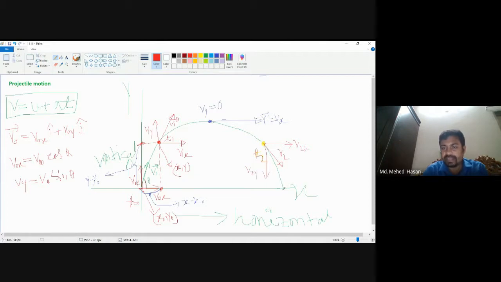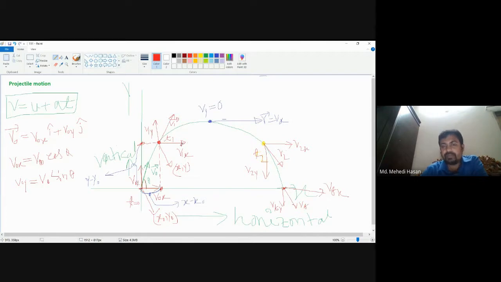Finally, when it hits the ground, the velocity will be along that direction, vf. If you consider vf, along the x-axis is vfx, and along the y-axis is vfy. Now from that figure we can say that the sign of the x component of the velocity remains the same, that is positive.